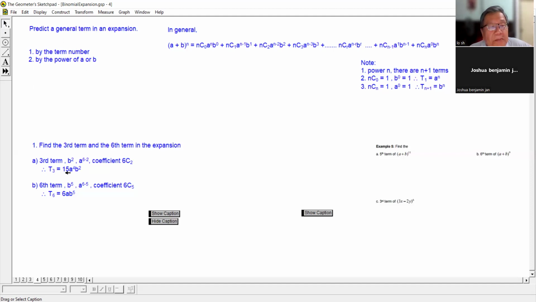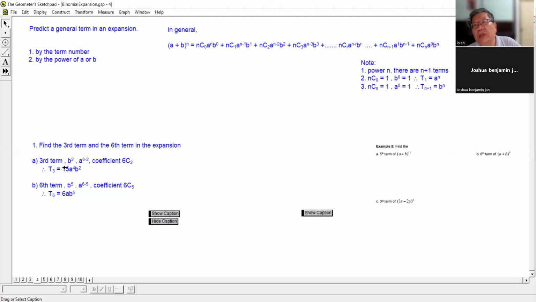C, how many? 6C2. Very good, 6C2, because the bottom one always follows the b. So it's 6C2. Why? Because they are raised to power 6, so 6C2.